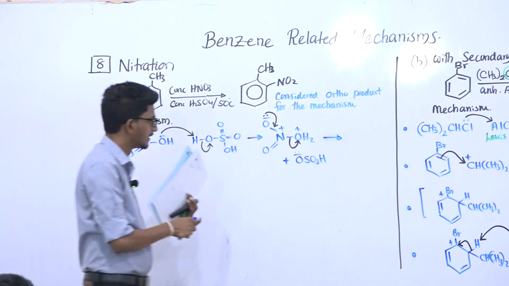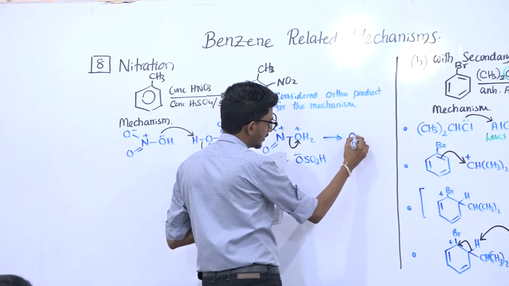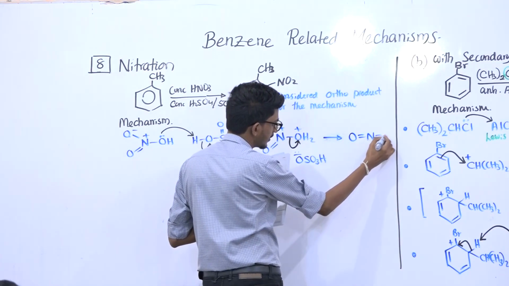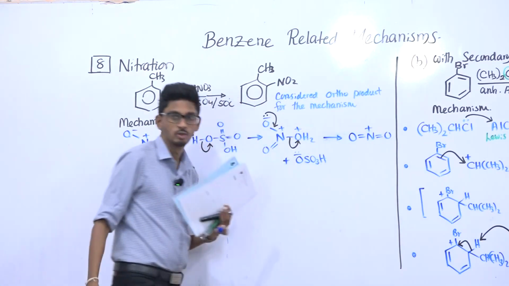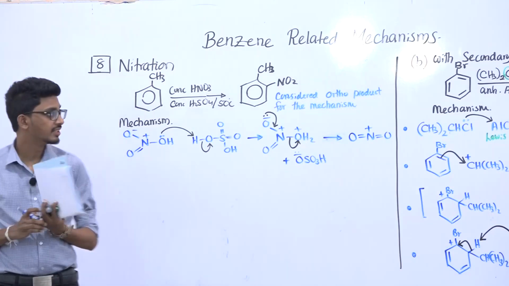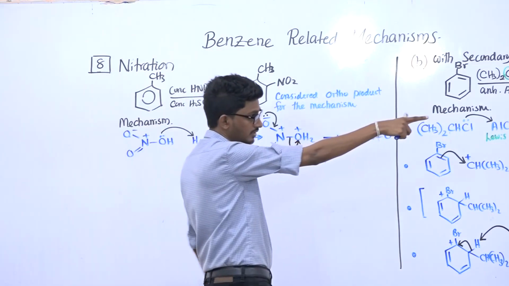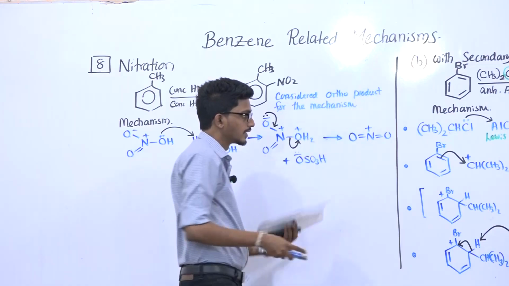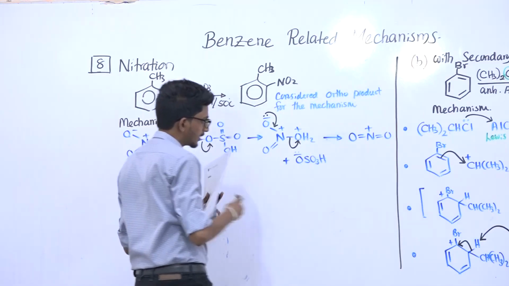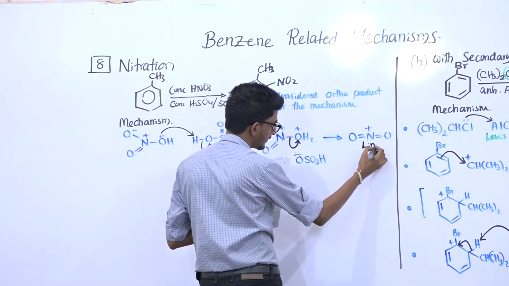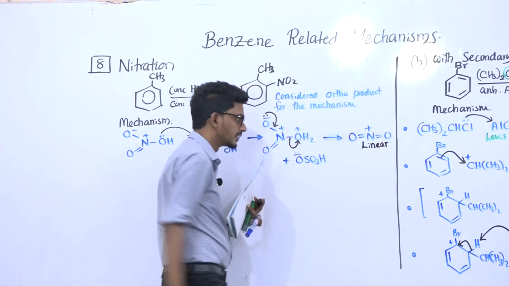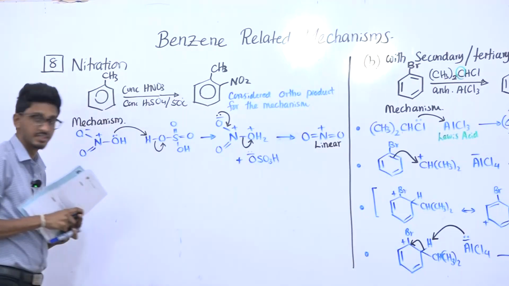So we'll come up with this special electrophile. This is a very special one: NO2 plus, which is linear again, like the earlier case. The final two come up with linear electrophiles. The active electrophile is linear, with sp hybridized atoms appearing at the center.